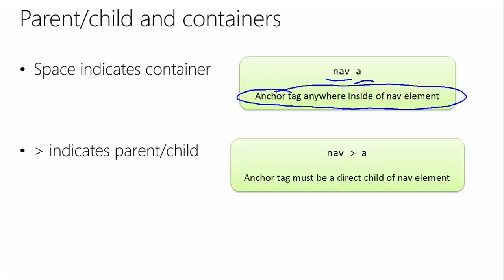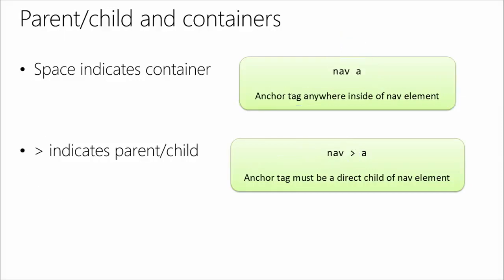So I've got a nav element, inside of there there's an anchor, and it's only going to apply to an anchor that's inside of a nav bar. If, however, I add in that little angle bracket, and it's subtle, but it makes a huge difference, then the anchor tag must be a direct child of, in this case, nav.